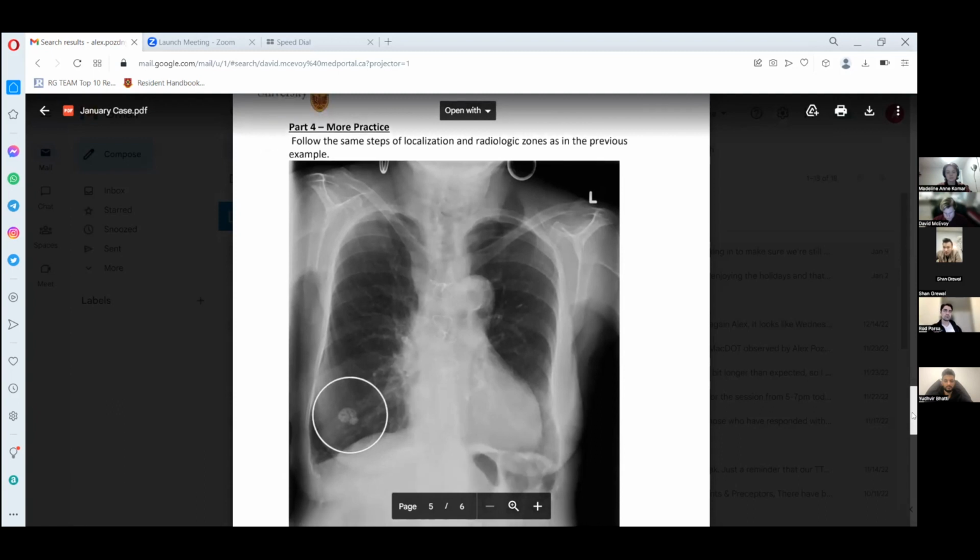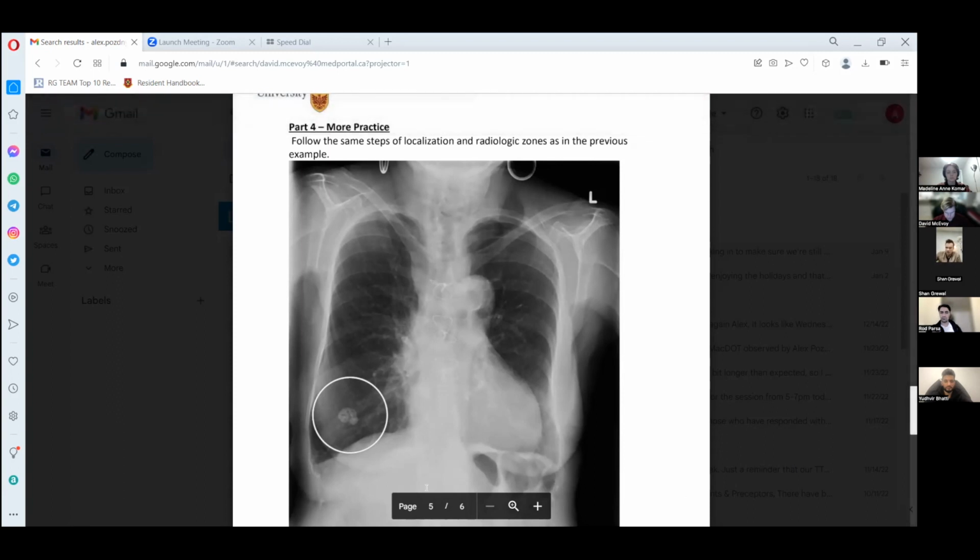This one has a lot of other ancillary findings and small things that are a bit unusual compared to the first one, which looked fairly normal, other than that lesion. So once again, we have something here which looks like it has a very well-defined contour.